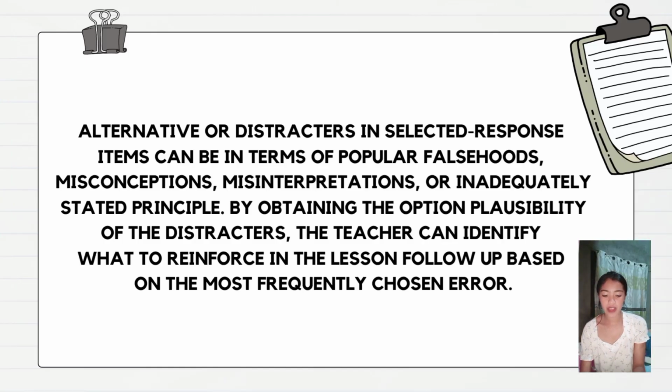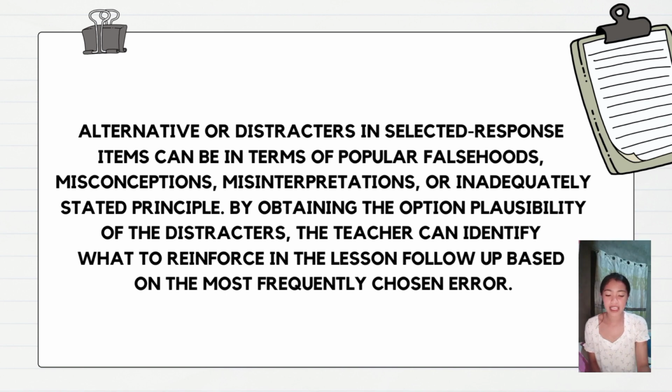Alternatives or distractors in selected response items can be in terms of popular falsehoods, misconceptions, misinterpretations, or inadequately stated principles. By obtaining the option plausibility of distractors, the teacher can identify what to reinforce in the lesson follow-up based on the most frequently chosen error.